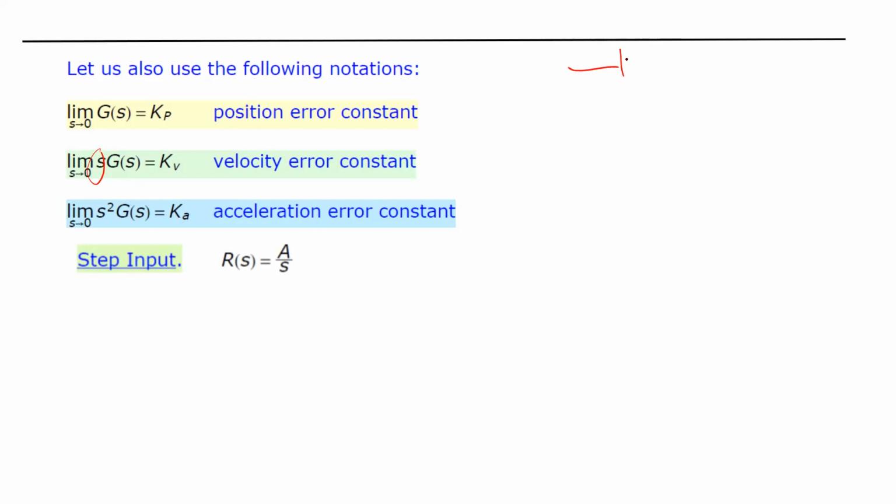This is a unity feedback system. To generalize, for any system G of s is the direct path; it depends on the system. We are studying this type of system. If you have more than one block, you combine them. Suppose G1, G2, G3 in cascade: combine them.